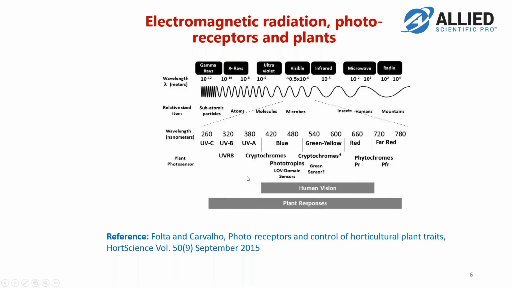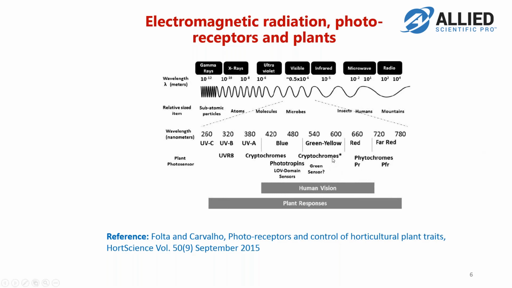Cryptochromes are sensitive to blue light. Then you also have green cryptochromes. Then you have phototropins that are responsible for green light and for the effect of phototropism, where the plant is looking for the source of light, like a sunflower that tracks the source of light.